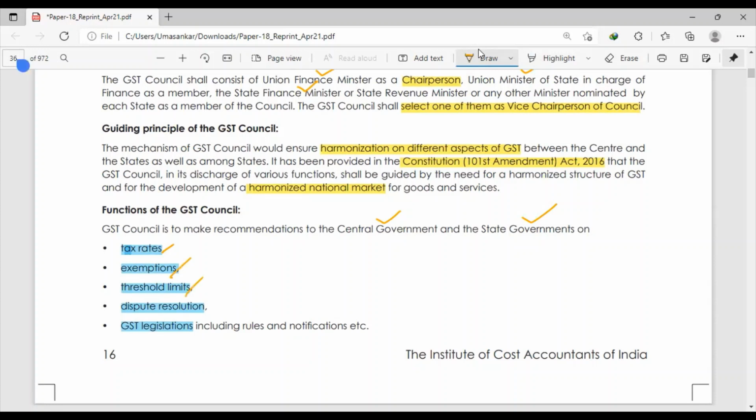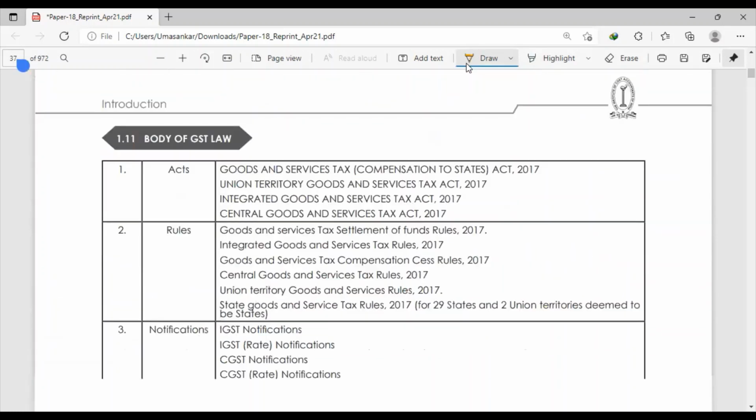What are the threshold limits for exemptions or registrations, all limits regarding turnovers. Then disputes: if there is any dispute or problem, how it will be solved. And GST legislation regarding rules and regulations. These are the functions of the GST Council.